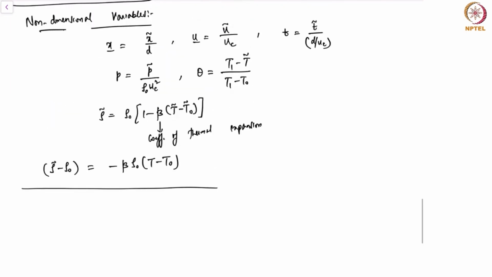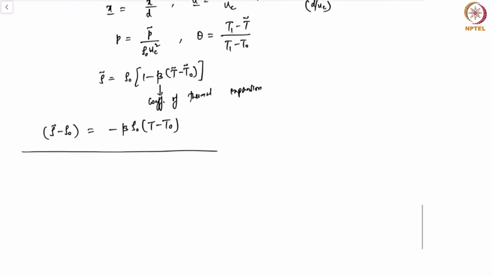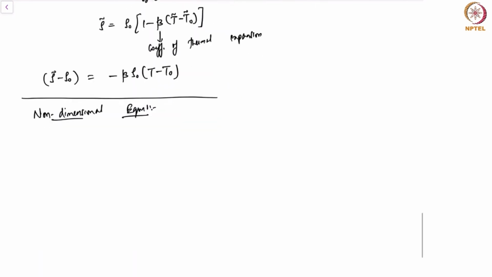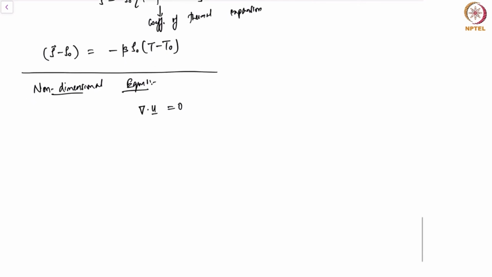If I substitute these non-dimensional variables into my equations, then I get the non-dimensional equations. Let me write that down. The non-dimensional equations would be: the continuity equation remains the same. The momentum equation, we have divided throughout by rho naught, the density.